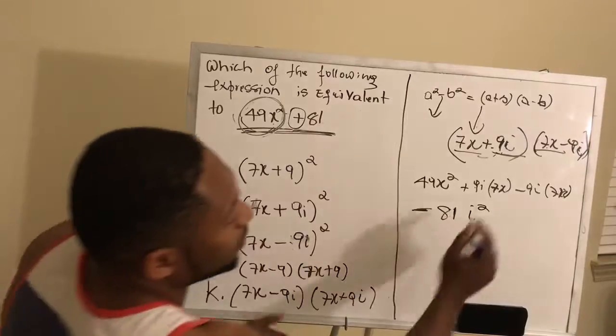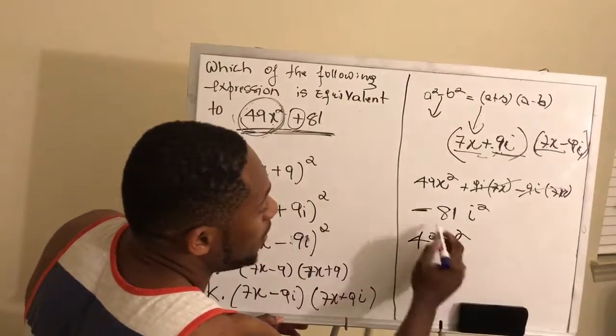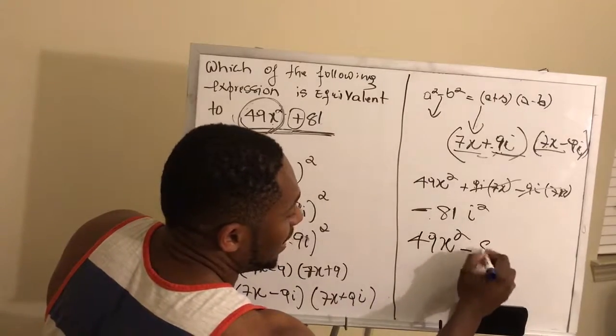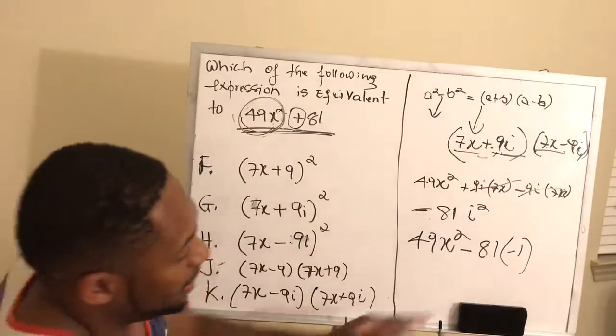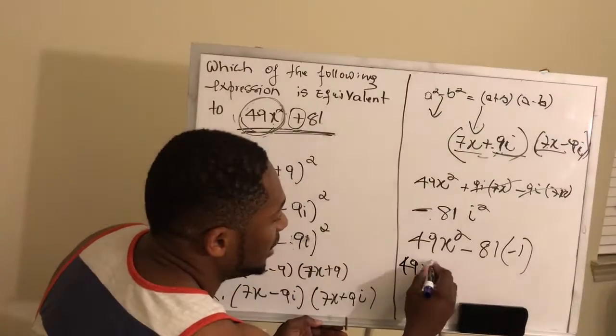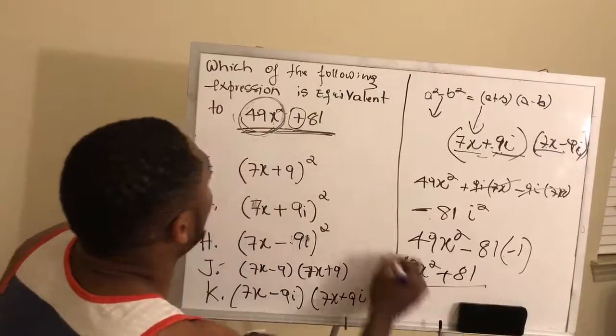So you're going to have 49x squared minus 81 times i squared, which is negative 1. So the 81 becomes plus 81, which is what we have here.